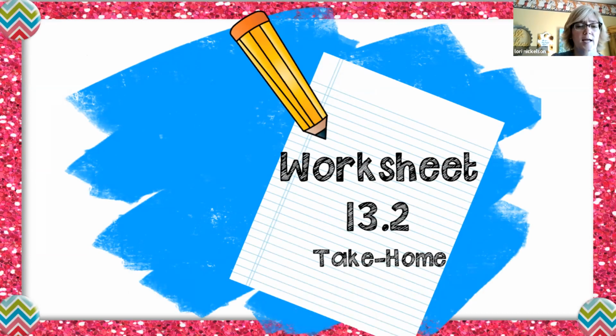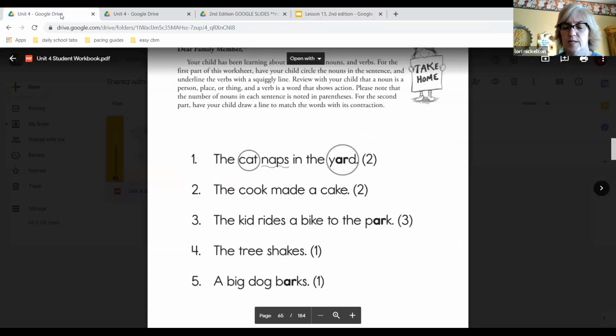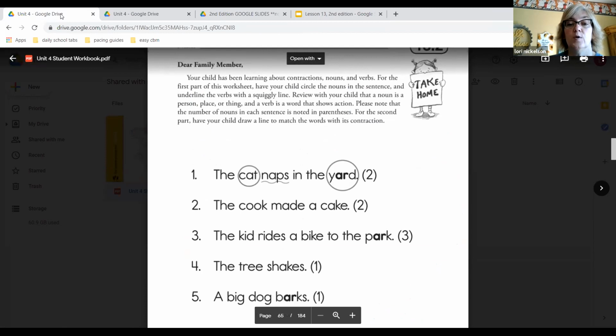So let's look at 13.2. All right, so 13.2. This is the take-home sheet here, all right? And it says we've been circling nouns and sentences and underlining verbs. So that's what you're going to review on this one. But there may be more than one noun in a sentence.